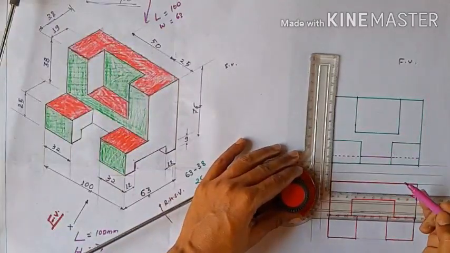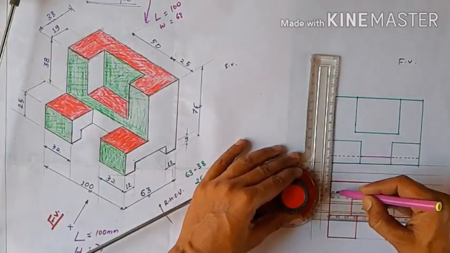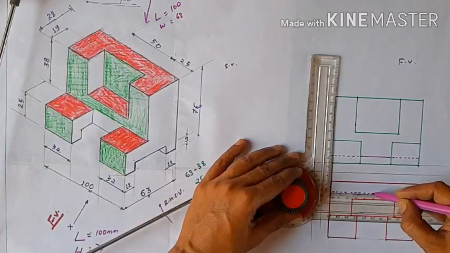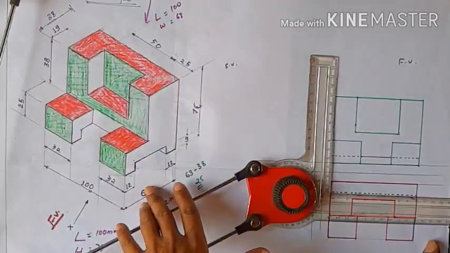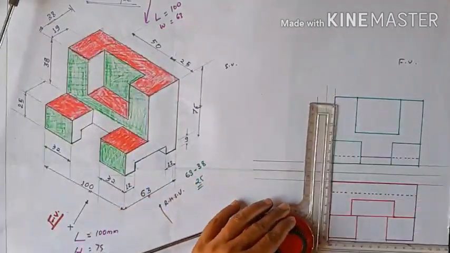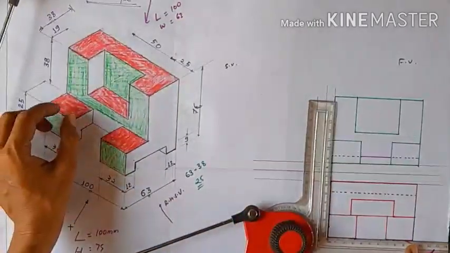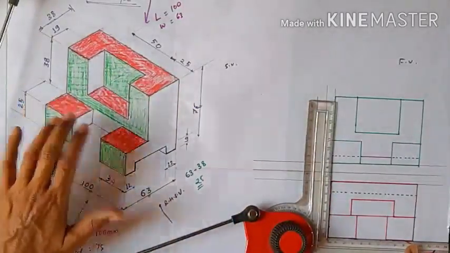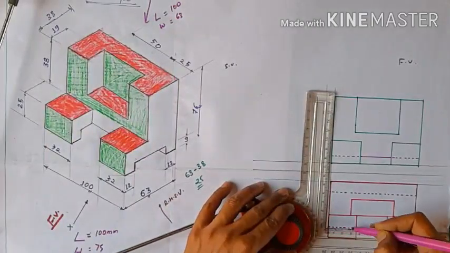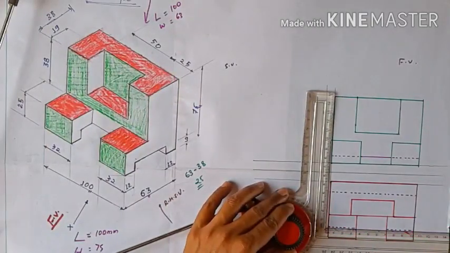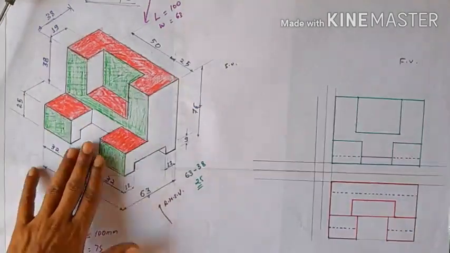Mark 12 mm and make it dotted towards the last end. This is your dotted line, which we can't see from the top because it is on the right hand side view. Again from here we draw a 12 mm line, and this is only seen, and this is hidden for these boxes. Draw like this. And this is clear of any hidden line because there is nothing here.